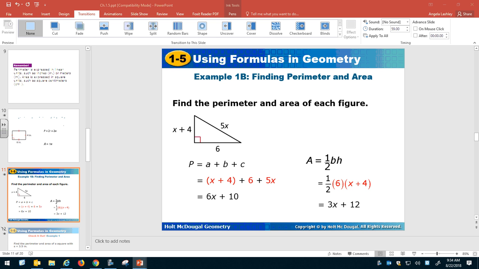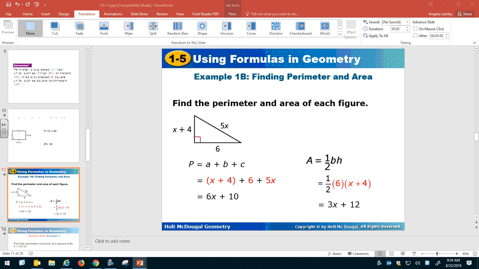Okay, area. What's the base of the triangle? 6. What's the height of the triangle? X plus 4. What's the area formula for a triangle? 1/2 base times height. So we have 1/2, you said the base was 6 and the height was x plus 4.